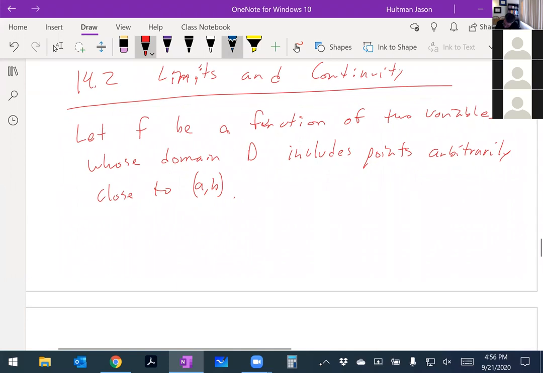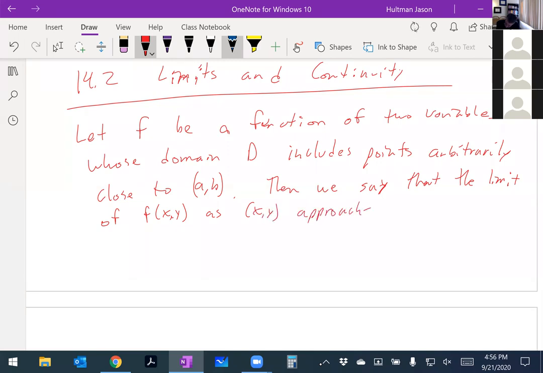Then we say that the limit of f of x, y as (x, y) approaches (a, b) is L, and we write the limit as (x, y) approaches (a, b) of f of x, y is equal to L.